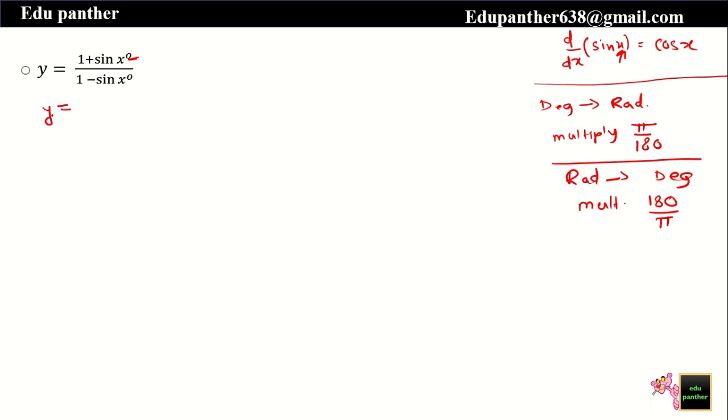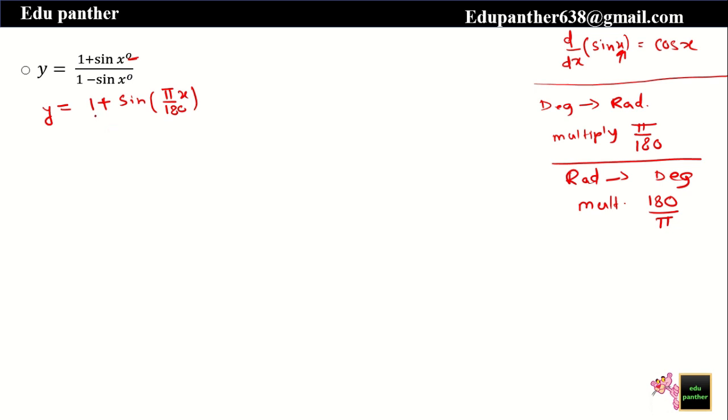So a function y will become 1 plus sine, now it is x degree. So to write this in radian, we have to multiply this with pi over 180. So it will be pi over 180 into our angle, which is x.